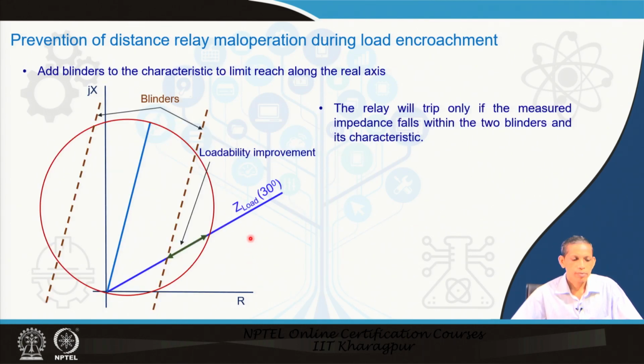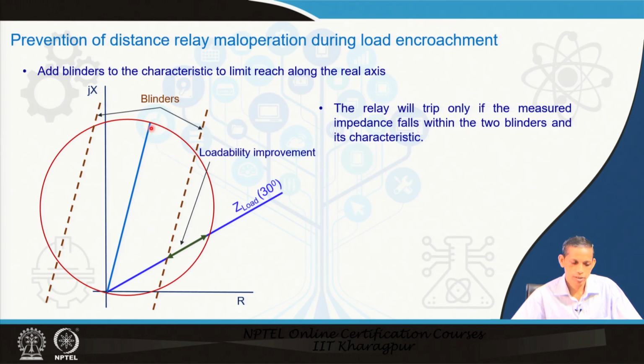Another option: add blinders to the characteristics to limit the reach along the real axis. As I said, this is the portion for the load. Suppose this is a mho relay characteristic, you put two blinders, the dotted line blinders. These are parallel lines with the transmission line impedance line.